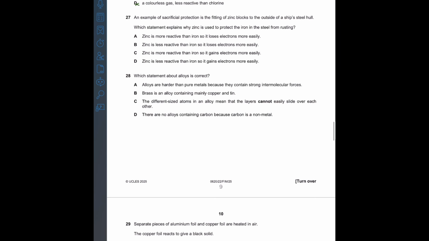So the answer is because zinc is more reactive and it will lose its electrons more easily. So it will protect the iron by getting oxidized. So it's A.